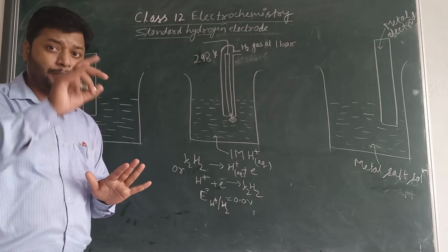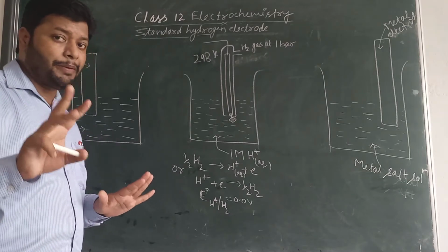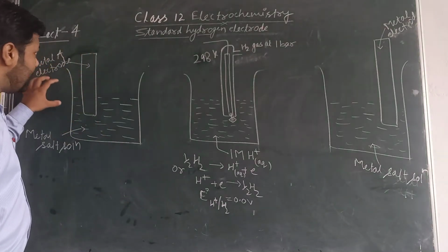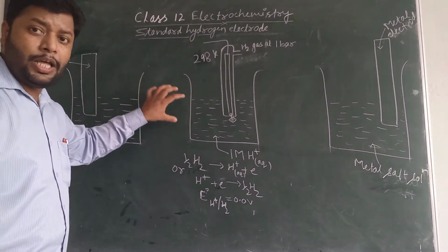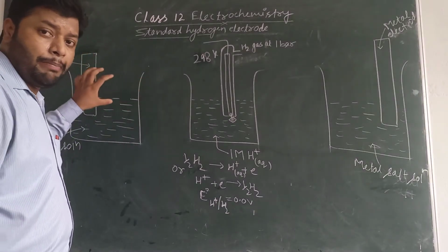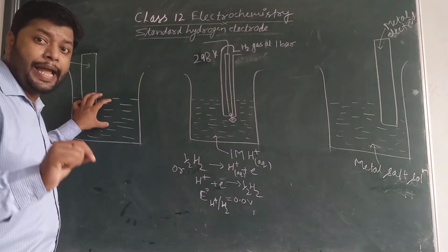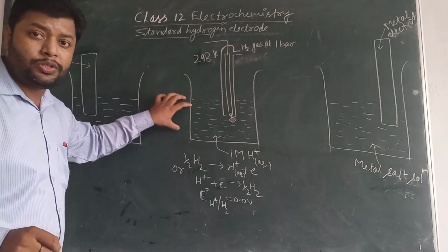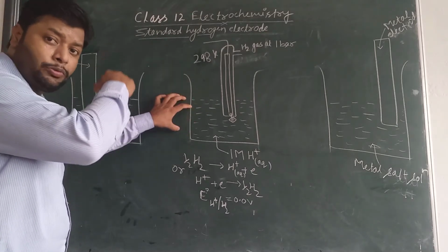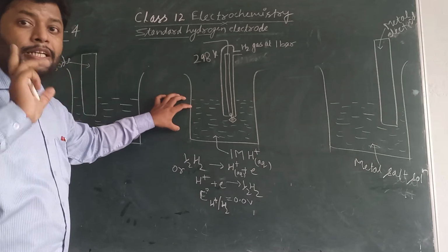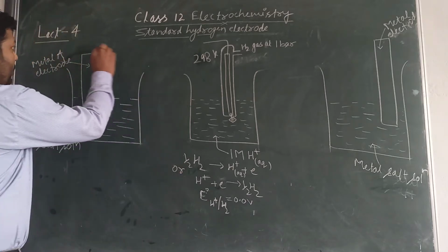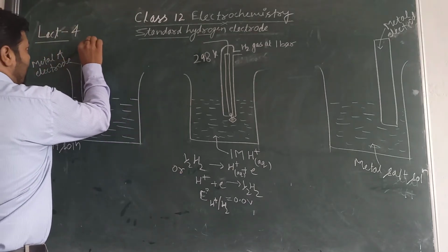This is one of the possibilities: when the metal A electrode is connected with the hydrogen electrode, metal A acts as the anode and the hydrogen electrode, compared to metal A, is the cathode, and for that we have to make one electrochemical cell.